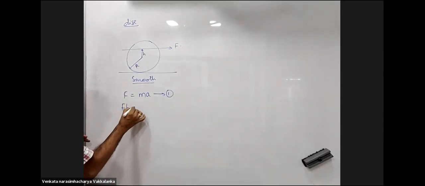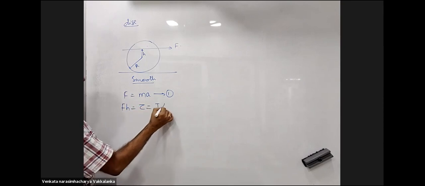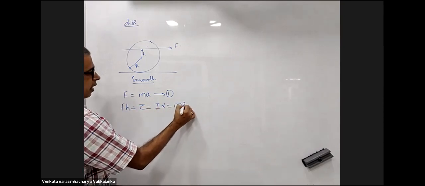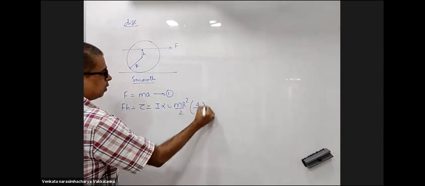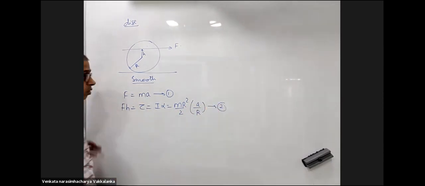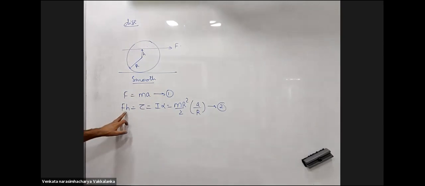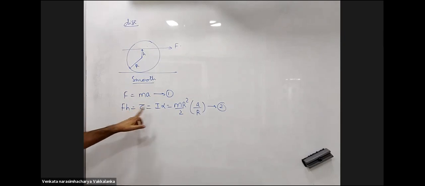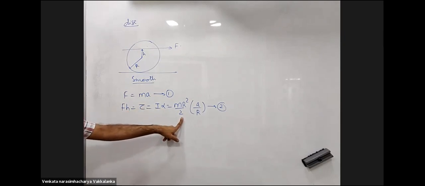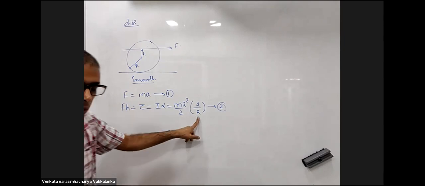Rotational dynamic equation: I into alpha, I is mr square by 2. I have done more than one thing in this equation. I took the torque about center of mass, F into h, equated it to I into alpha. I is mr square by 2.